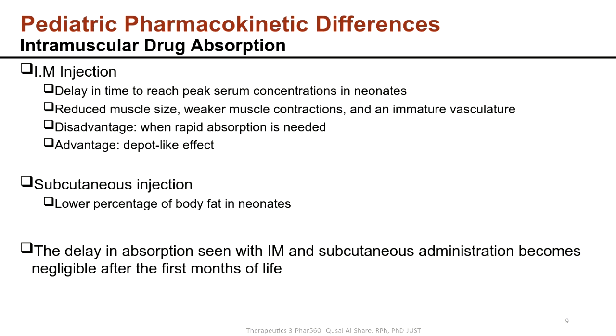What does this mean? It means the first month of life is really critical for neonates, with a significant delay in drug absorption after intramuscular and subcutaneous injection. But after 1 month of age, you're fine. It becomes negligible after that age.